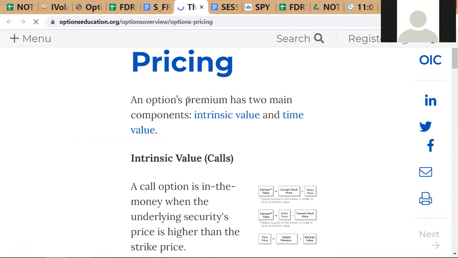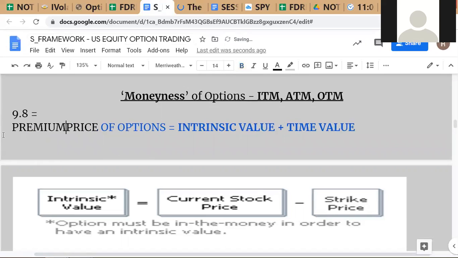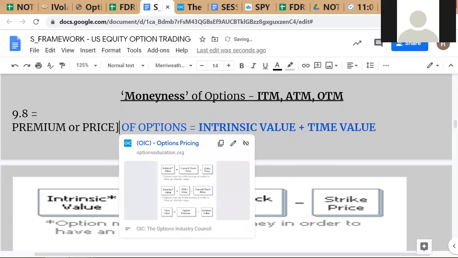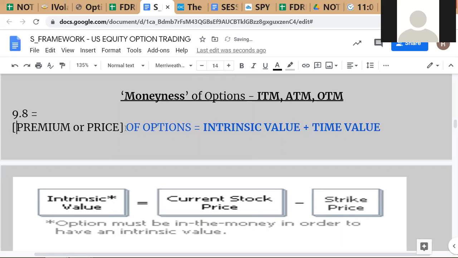Option price or premium, this is a better way of putting it. So the option premium is the price of the option.